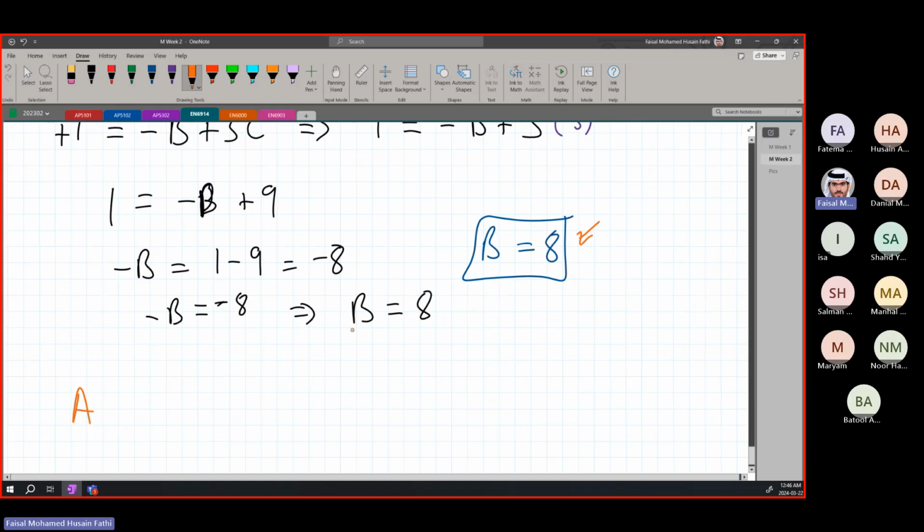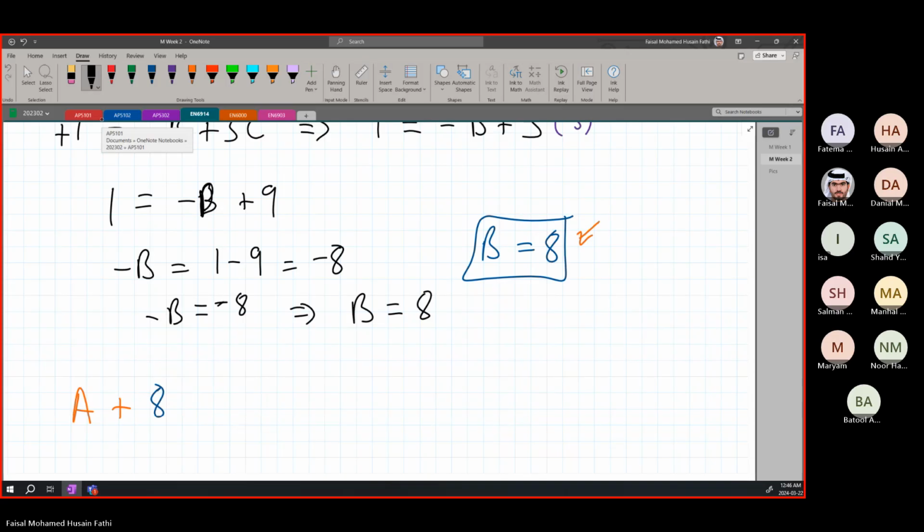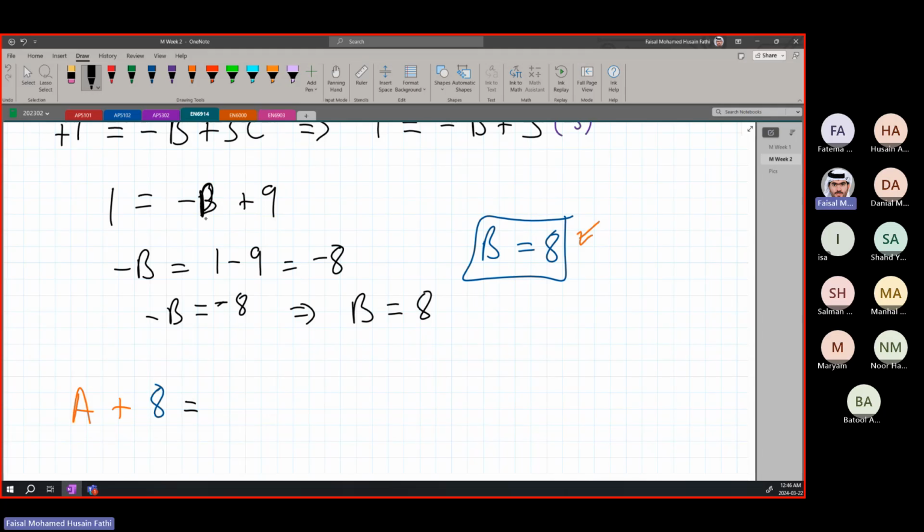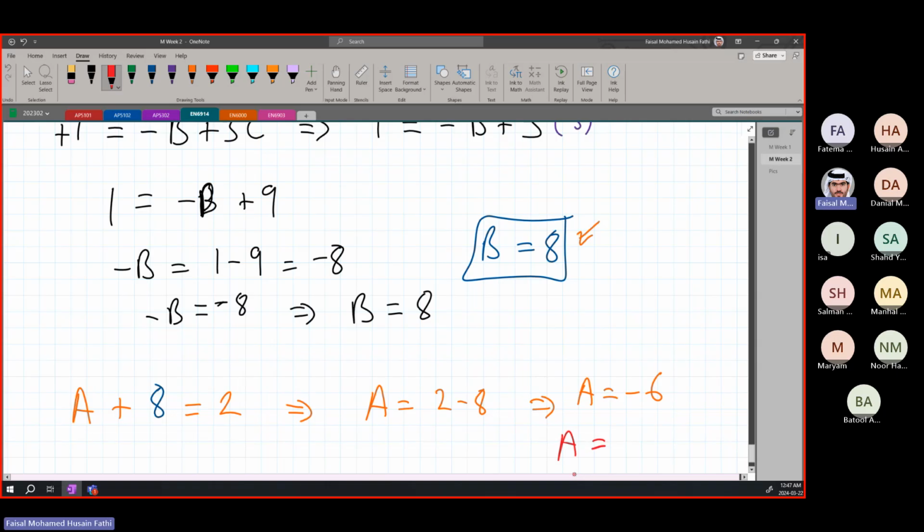For A plus B, which is 8, is equal to 2. So now we can solve this equation. A is just going to be equal to 2 minus 8, which implies A is equal to minus 6. So we got the A value, minus 6.